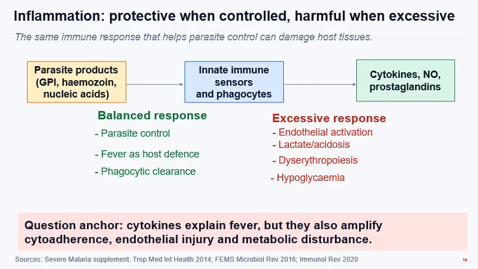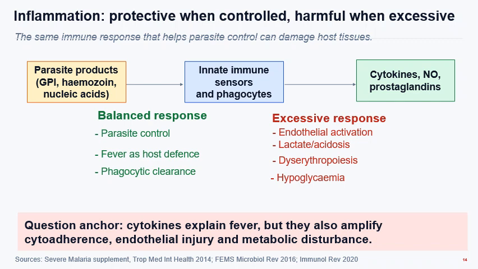They also contribute to fever, impaired erythropoiesis, hypoglycemia, and tissue injury. So think of inflammation as an amplifier. It may start as a defense mechanism in itself, but it can intensify cytoadherence, vascular dysfunction, and organ damage.